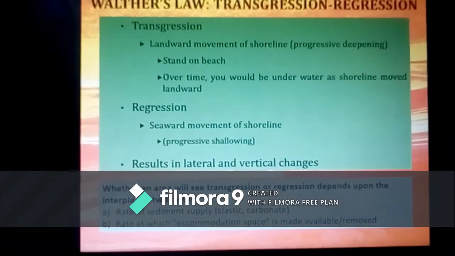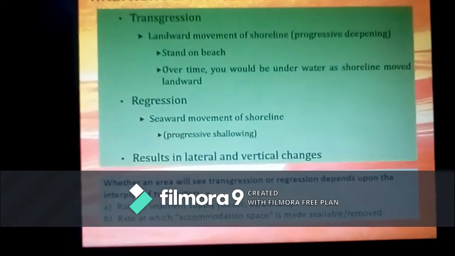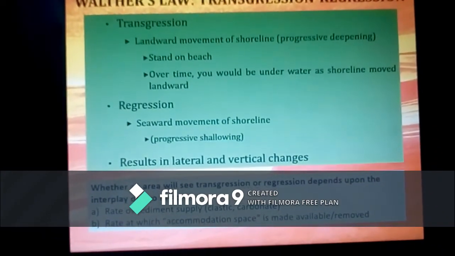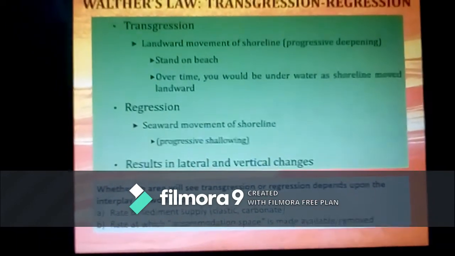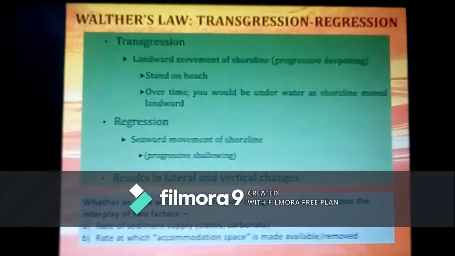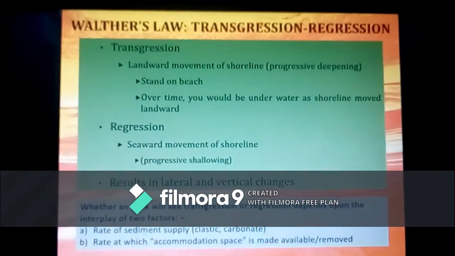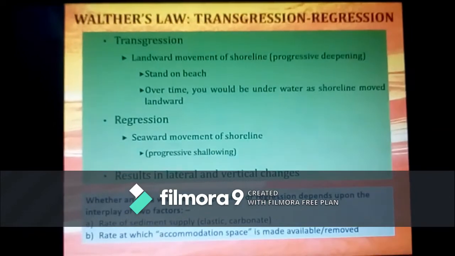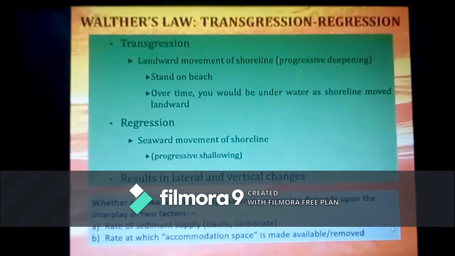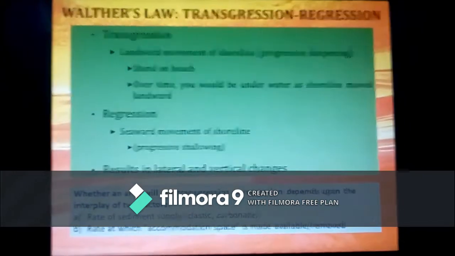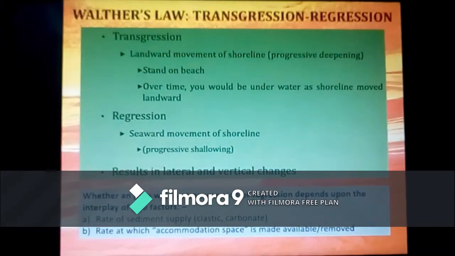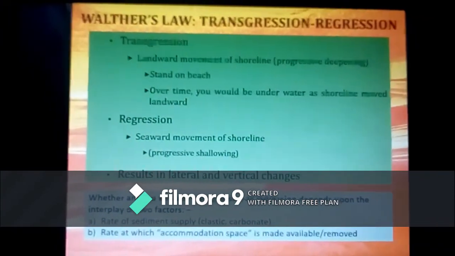First is the rate of sediment supply, that means how much sediment the basin receives from the rivers or any other natural agents. And the second is the rate at which accommodation space is made available, that means how much space is available for those sediments to be deposited.